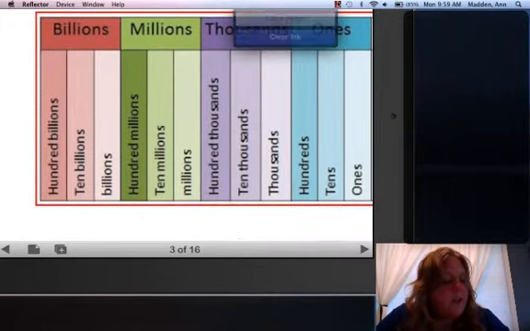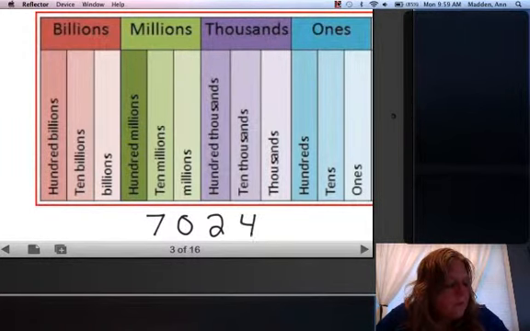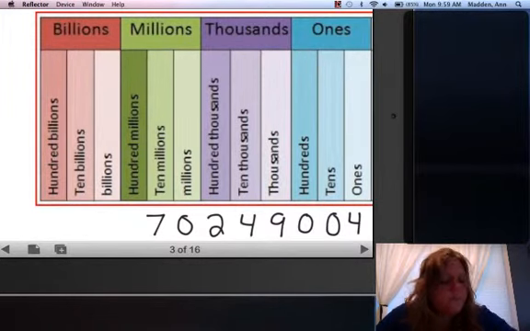Now I'm going to try another one for you. Let me clear the ink here. Let's write down this number. There are all my digits. What I do need to remember is I need to add in the commas.